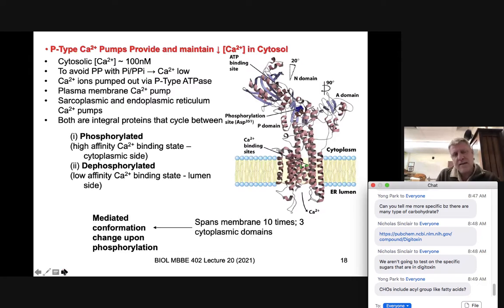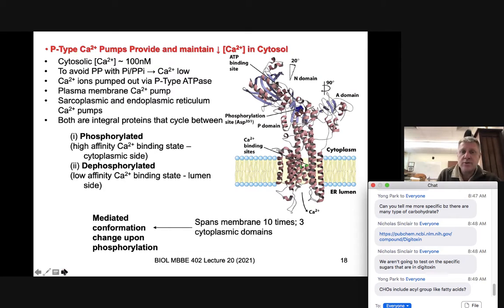So let's have a look at the P-type calcium pumps. We've already been introduced to those in the endoplasmic reticulum for our IP3 system. So in this case, we want to remove this massive release of calcium that is in the cytosol, maybe because of the opening of the IP3 receptor.